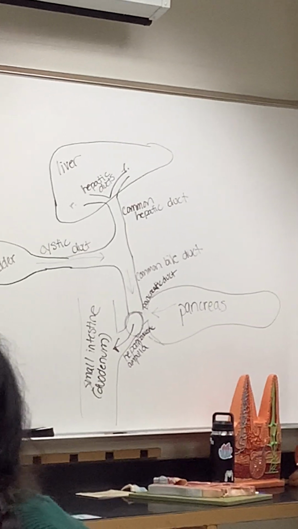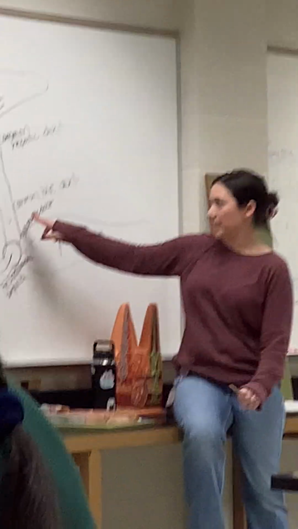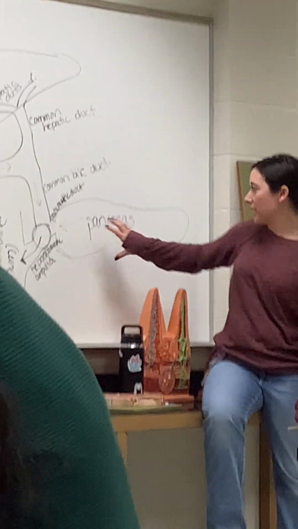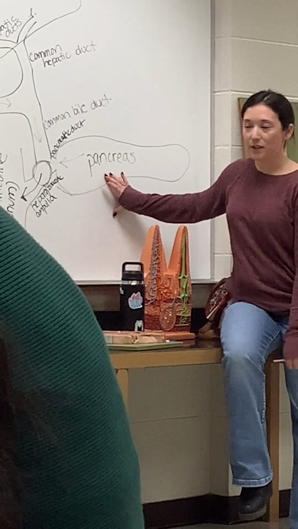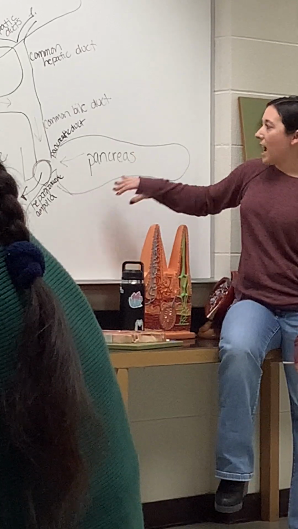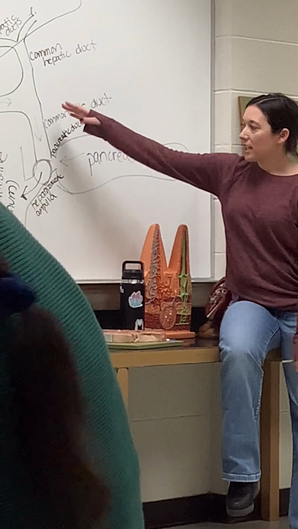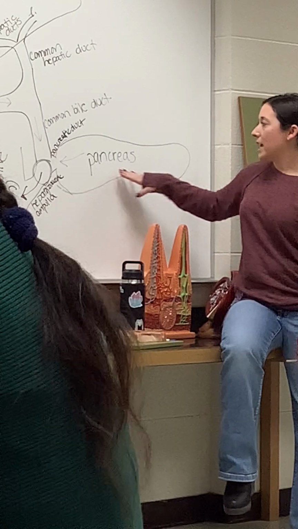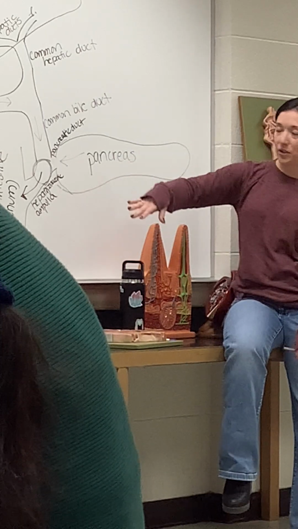Now, in addition to the bile coming through the common bile duct, I mentioned the pancreas is also really important for producing things for digestion. When you've eaten something, you have bile that needs to get emptied in, and your pancreas is also working hard to produce its own substances that get secreted.